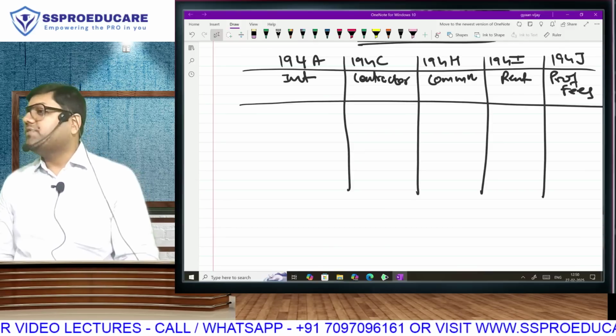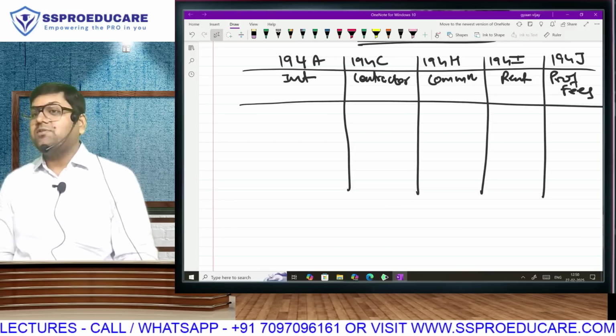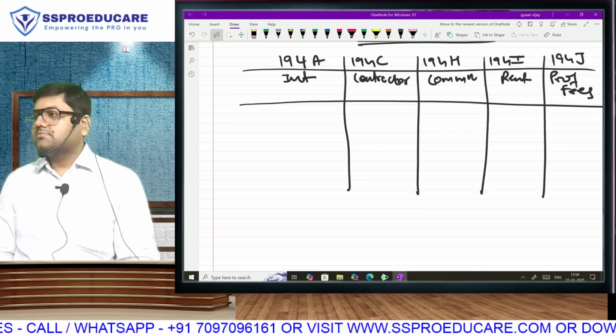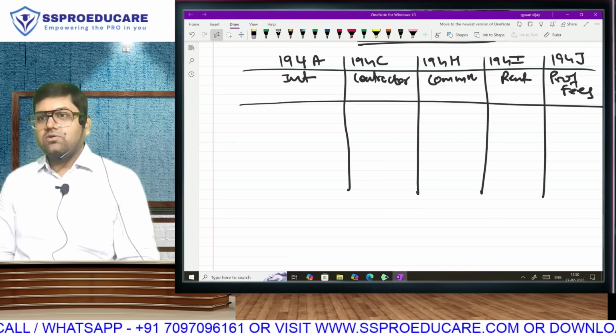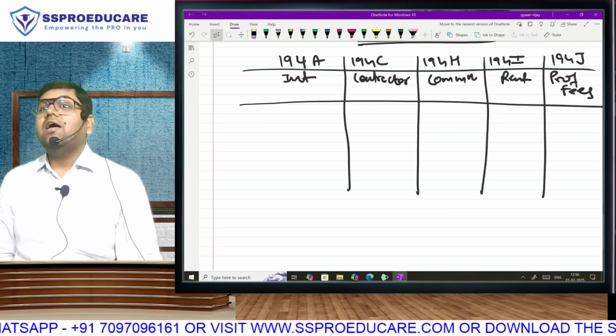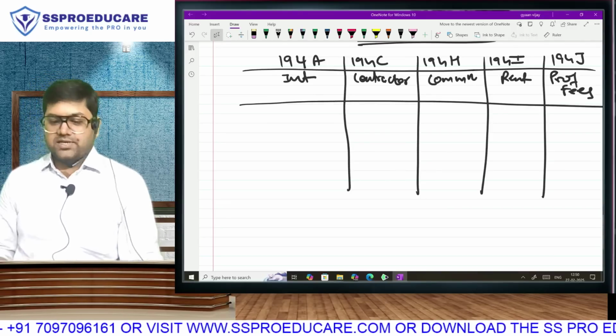A, C, H, I, J: hot favorite sections. Do you realize these are transactions that will happen on a day-to-day basis in every business and profession? So we are going to have maximum questions in the exam from these sections.